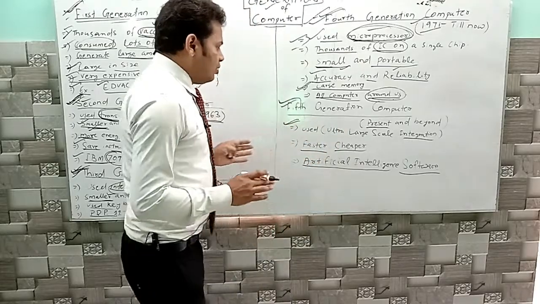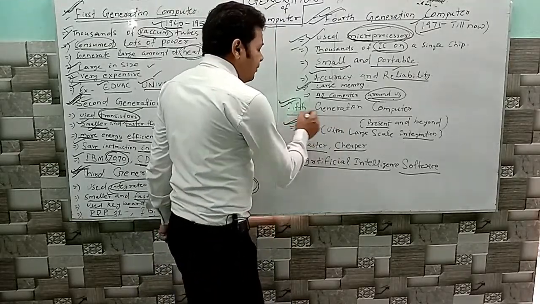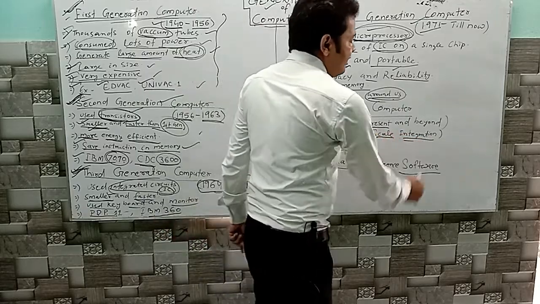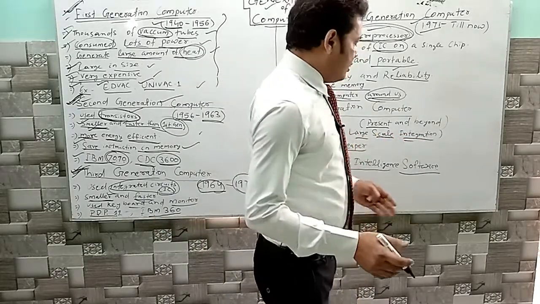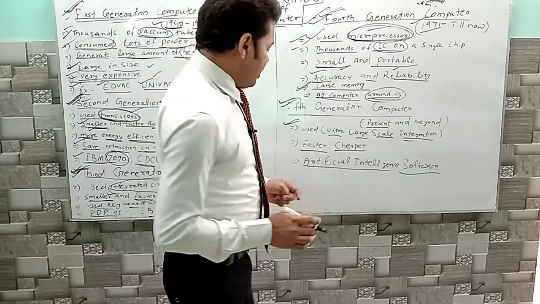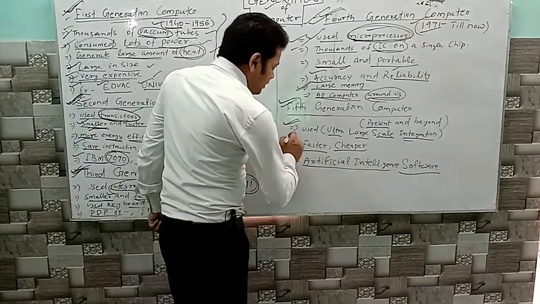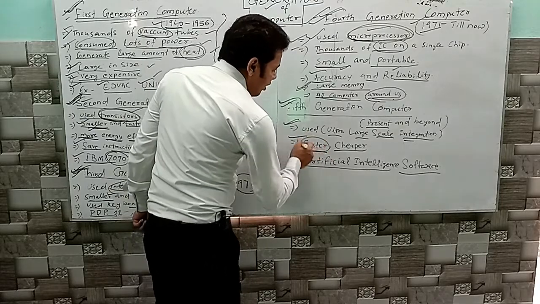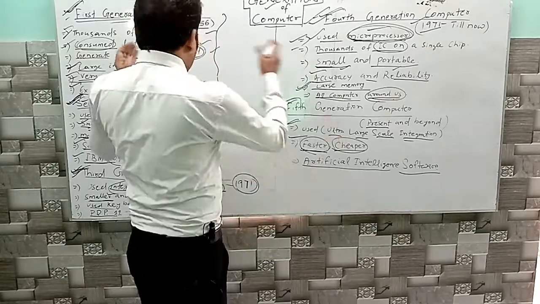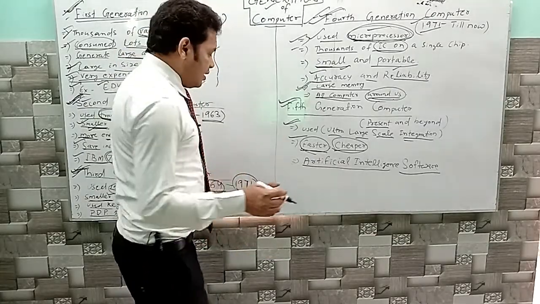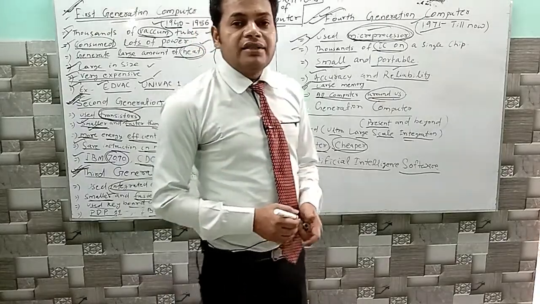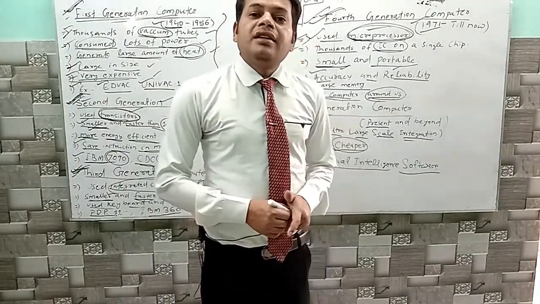In this type of computer, ultra large scale integration is used. This type of computer is very fast and much cheaper than the other computers, and it has software known as artificial intelligence software.